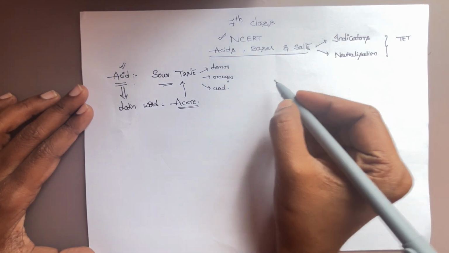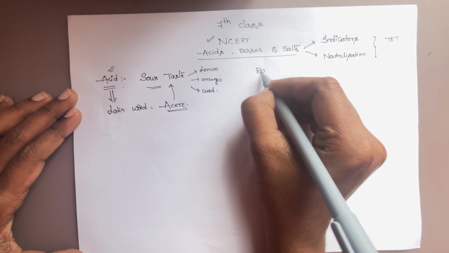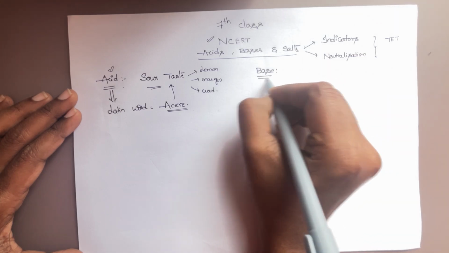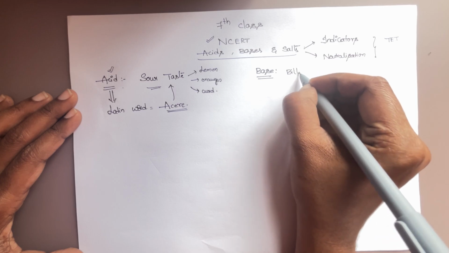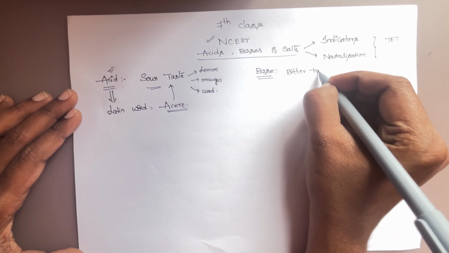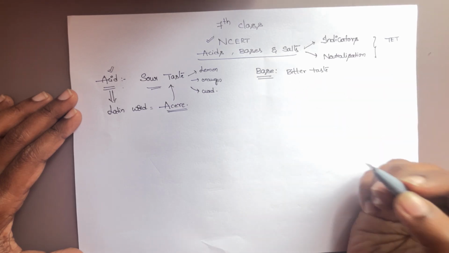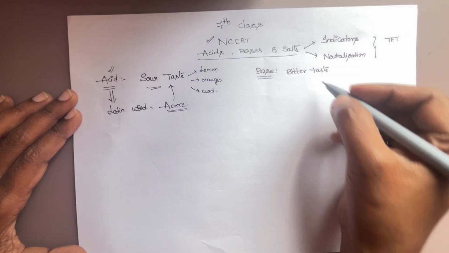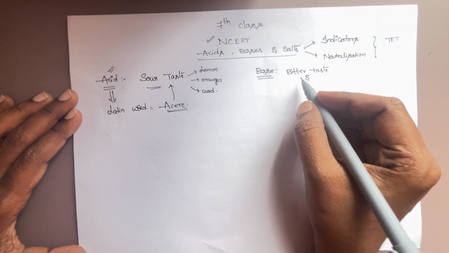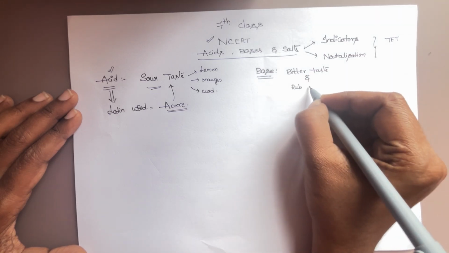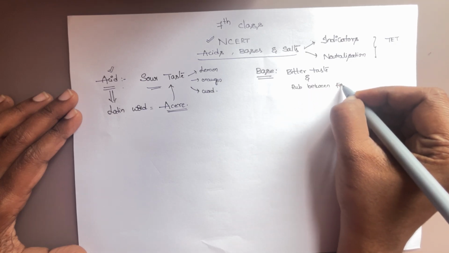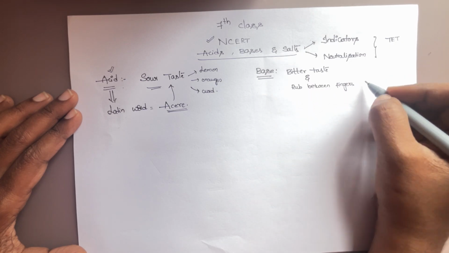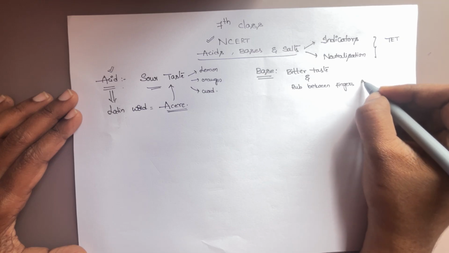Now let us see what is meant by base. Bases are substances which are bitter in taste. One of the properties of bases is that if we rub them between our fingers, they feel like soap.